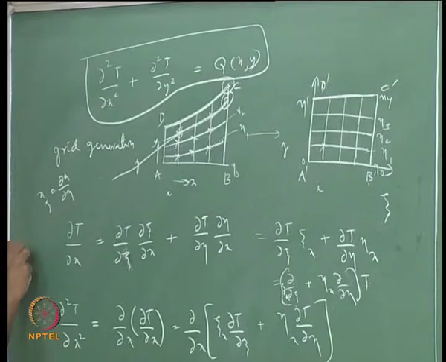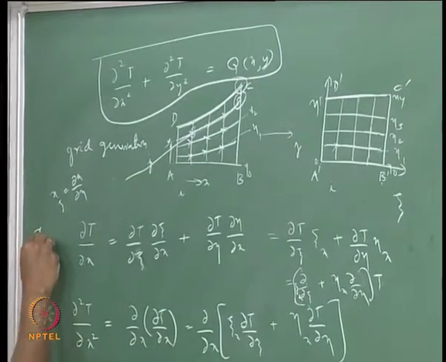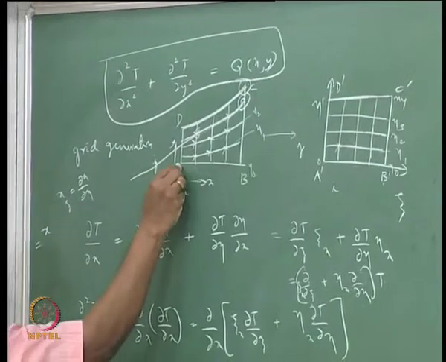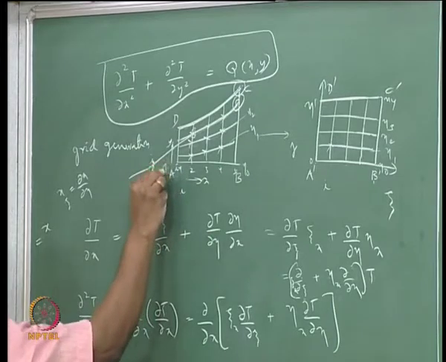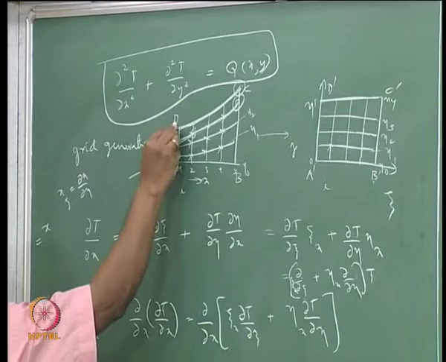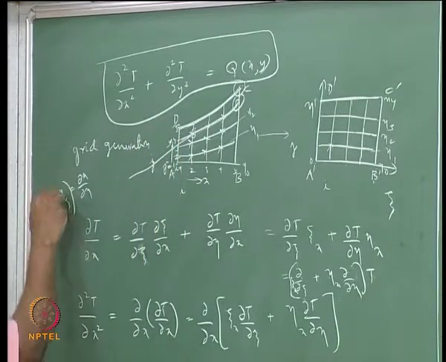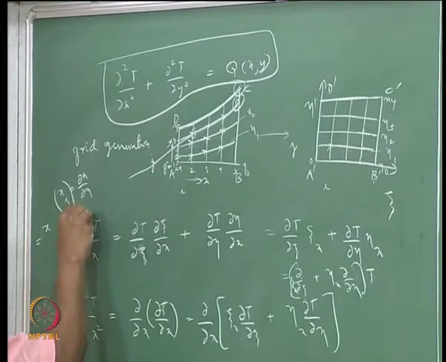So we can write this at constant i. This is i equal to 1, 2, 3, 4, 5, and this is j equal to 1, 2, 3, 4, 5.